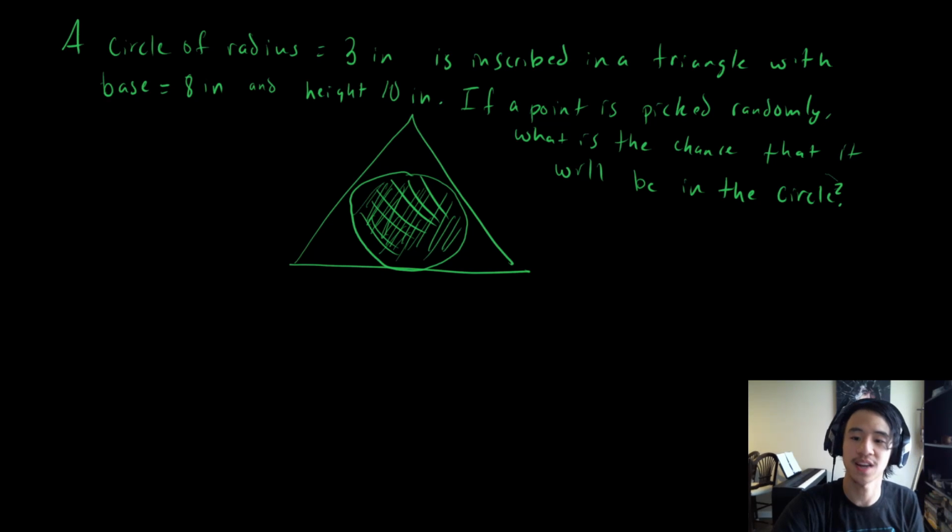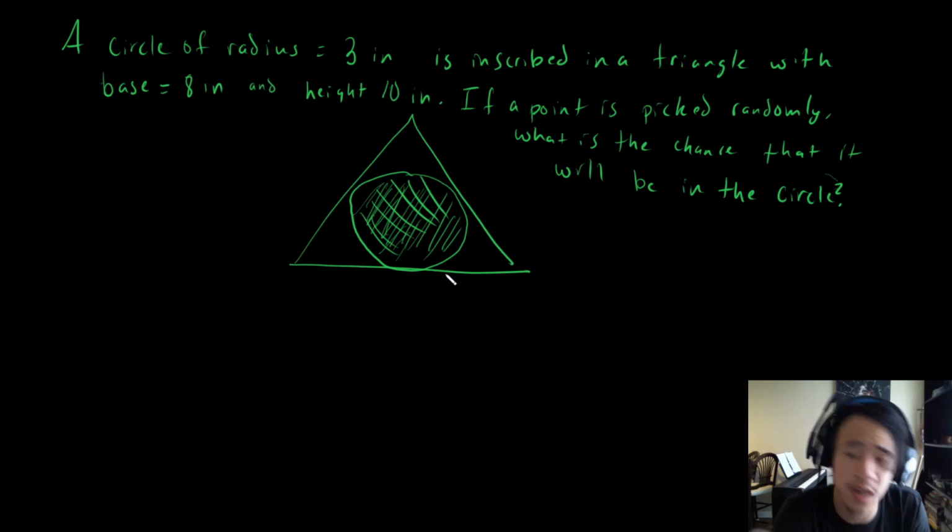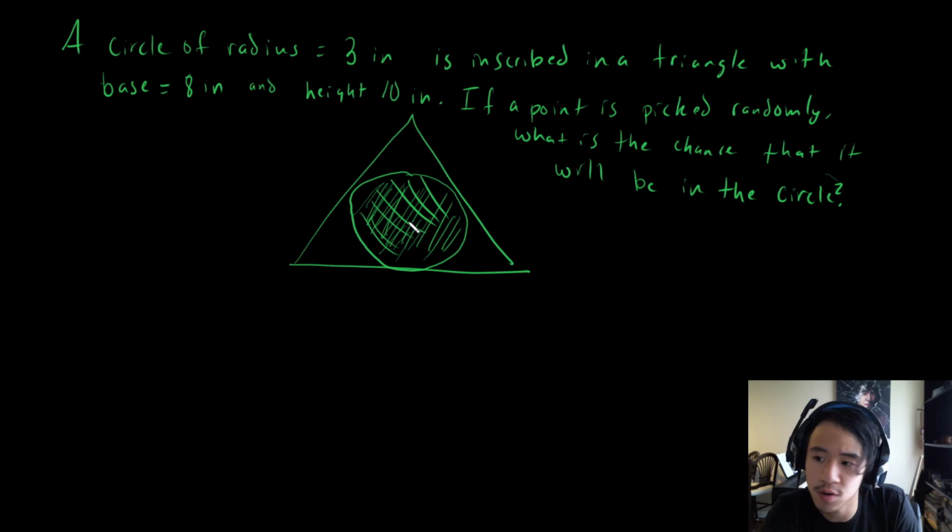All right, this time we got some Illuminati stuff going on. So we got a circle of radius 3 inscribed in a triangle with base of 8 and height 10. So here's a picture of it. We got a circle with radius 3. So let's go ahead and draw that.